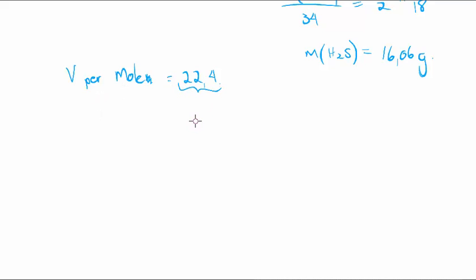Aren't you going to take that and times it by Avogadro's number? I'm just saying it's a constant. In other words, the volume that 1 mole occupies at standard temperature is a constant.